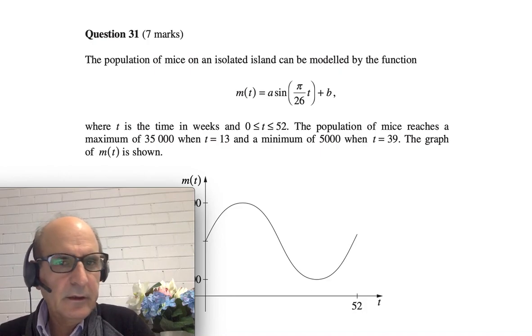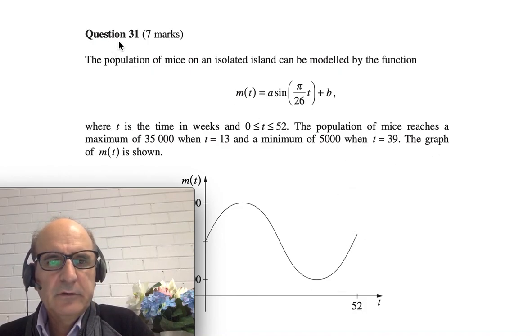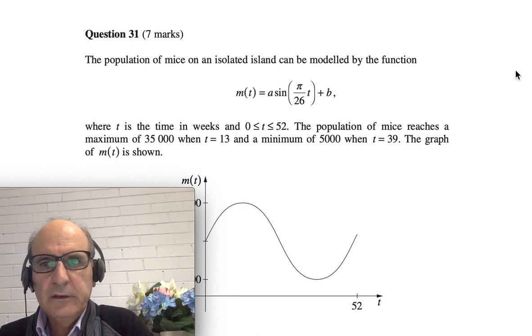In this lesson, we are looking at question 31 of HSC Mathematics Advanced 2020 paper.